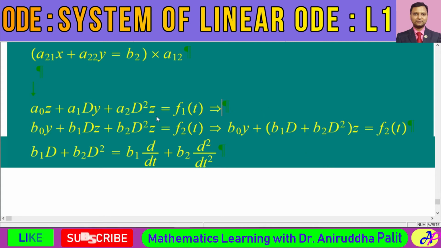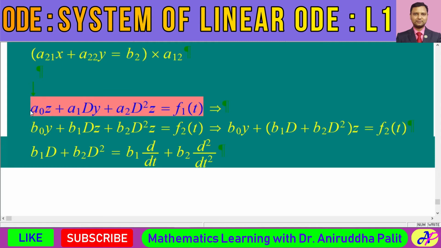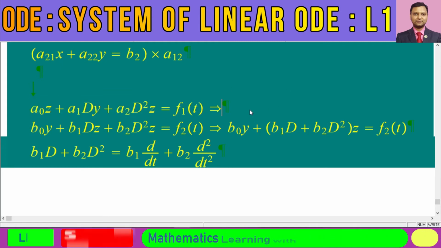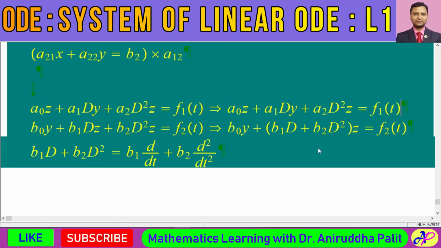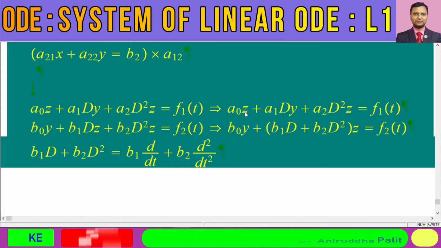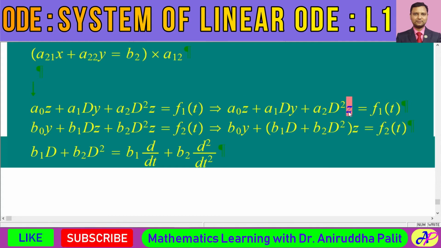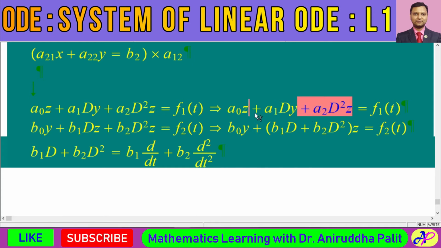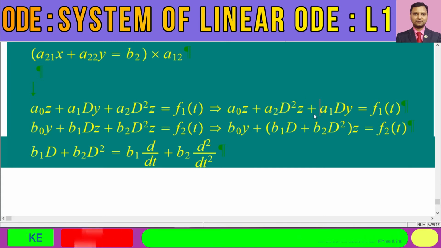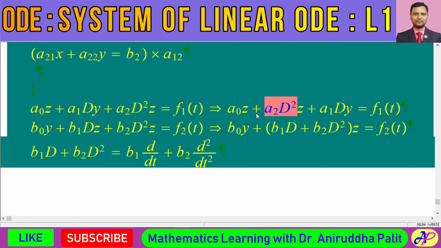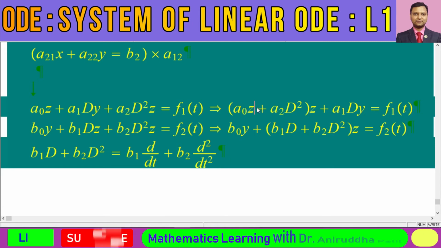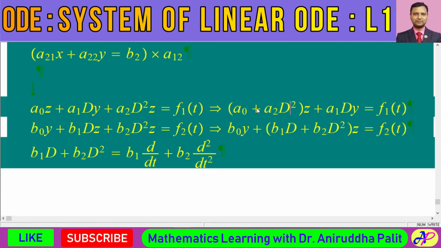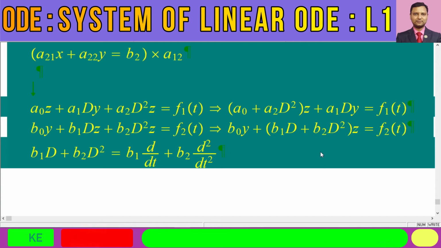Got it? So for this first equation, if we want to write it in terms of operators, you see there is a z here and a z there. So we can write it in this fashion and then remove this z. Then we can write it this way.